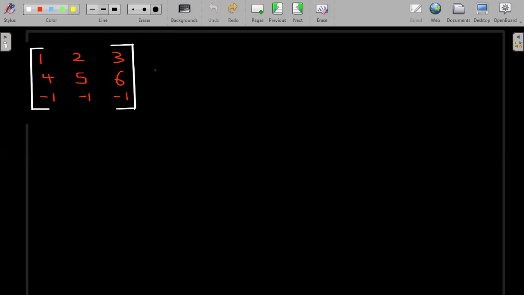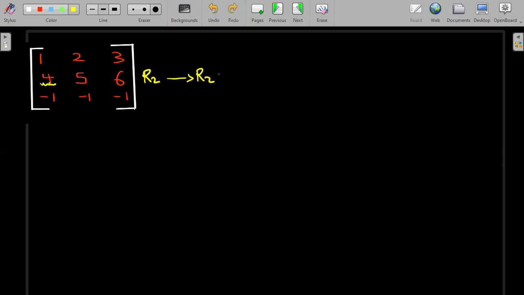So what we are going to say is that row 1 will remain the same, but row 2 is going to change. We are going to apply this row operation: row 2 becomes row 2, and on row 2 we have 4. If I want to make this 4 into 0, what am I going to do to the first row, so that if I do 4 with this 1 here, it's going to give me 0?